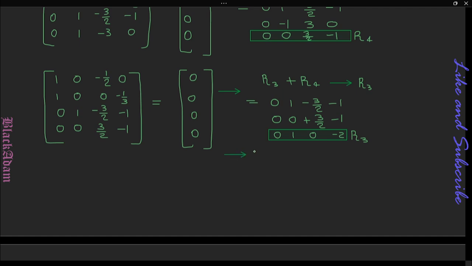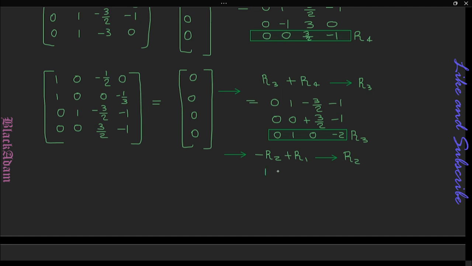And then we have negative row 4 plus row 2, and then that will give us row 4.